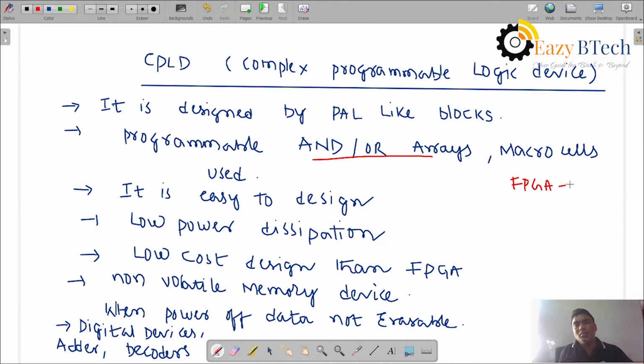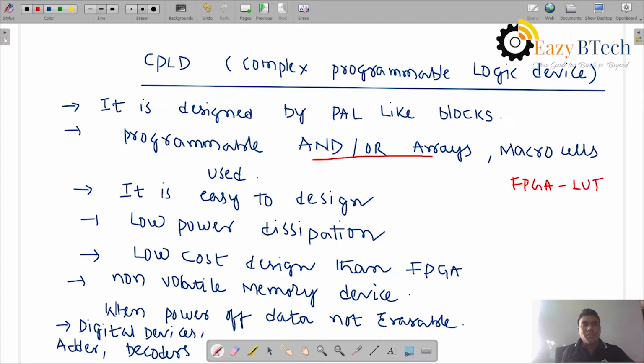Last class we discussed FPGA designed by lookup tables, multiplexers and stored data, processed through the macro cells. Here CPLD is designed by AND OR array types and macro cells. There is no AND OR in FPGA.